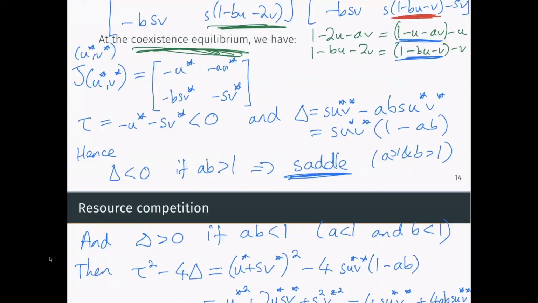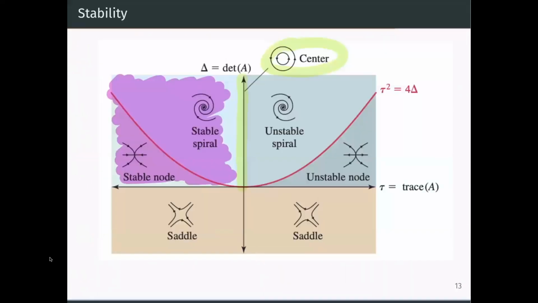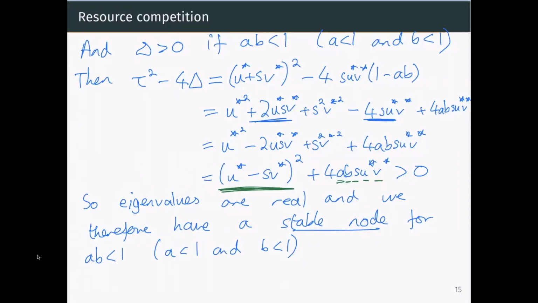If we just go back up to our diagram for a second, what we've shown just now is that our trace is negative, our determinant is positive, and our trace squared minus 4 delta is greater than 0. That means we are below this red curve in this shaded region. So we have a stable node. Next time we are going to be looking at some interpretation of this model and geometric analysis.